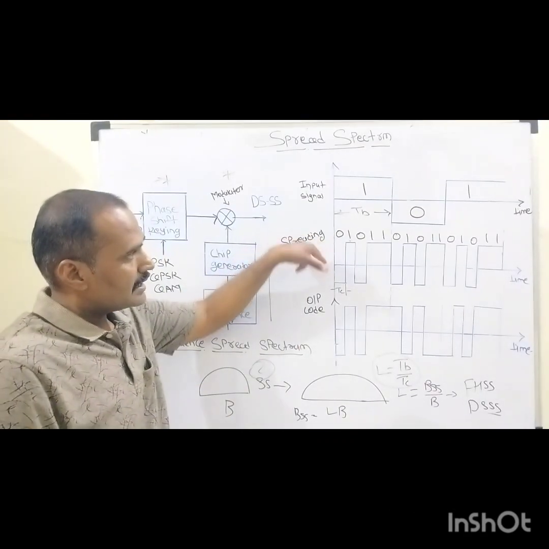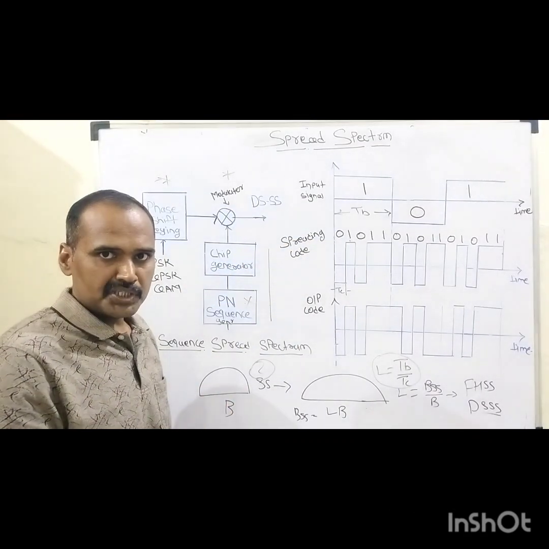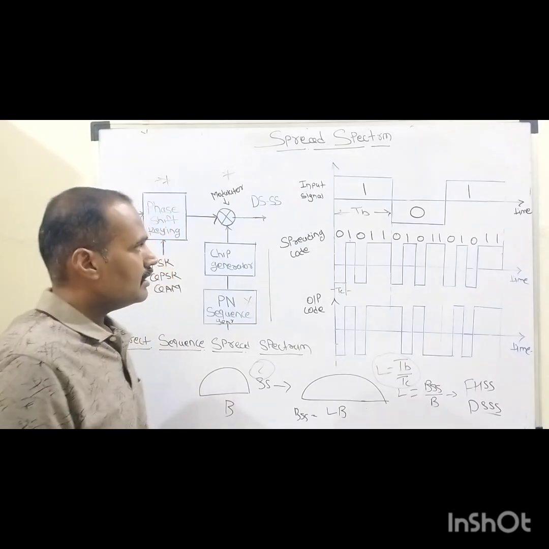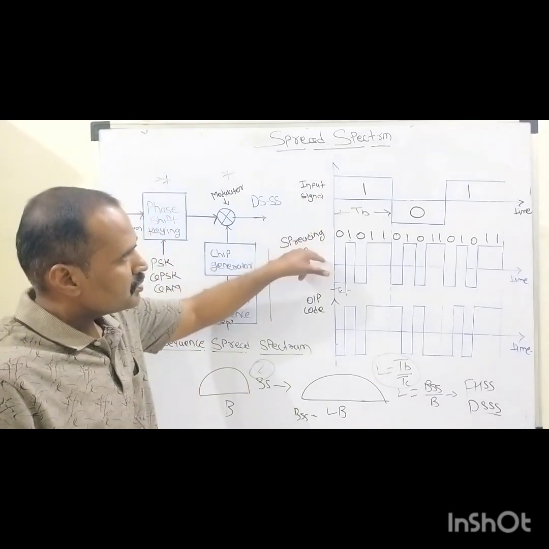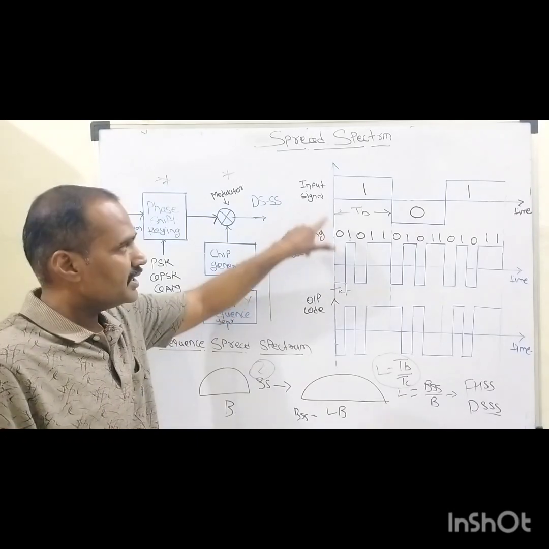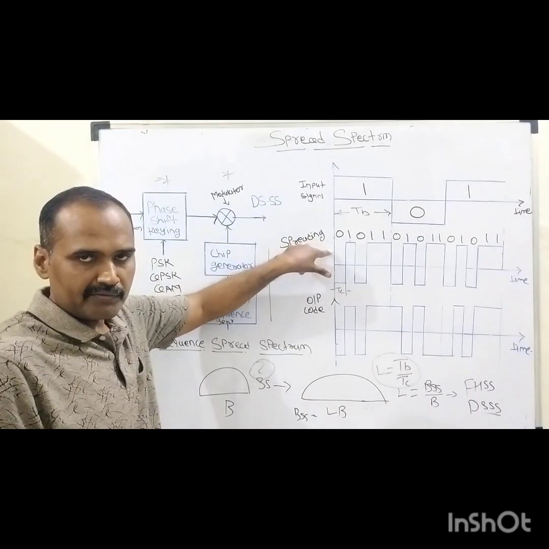Now, as these two signals are multiplied with each other, in digital communication we perform the XNOR operation between these two symbol sequences. Which two?